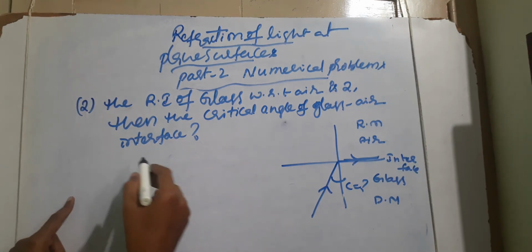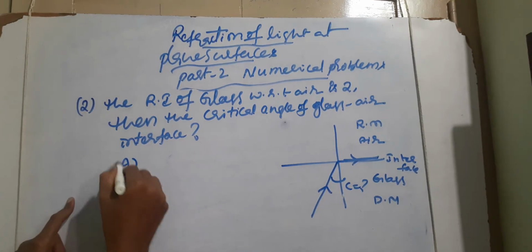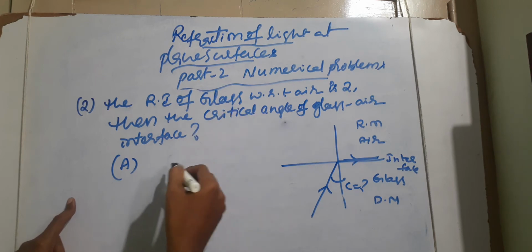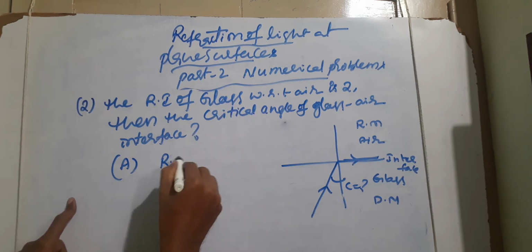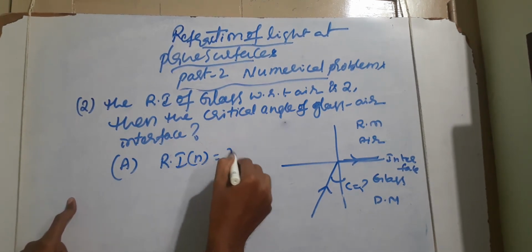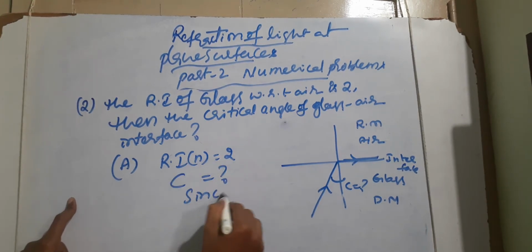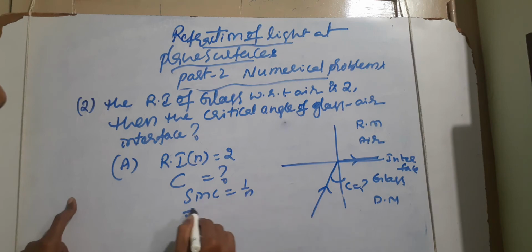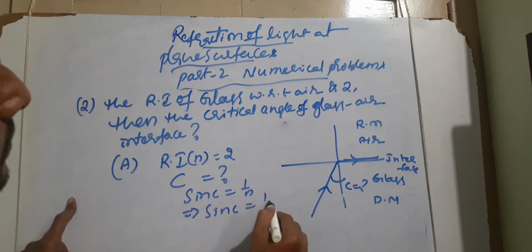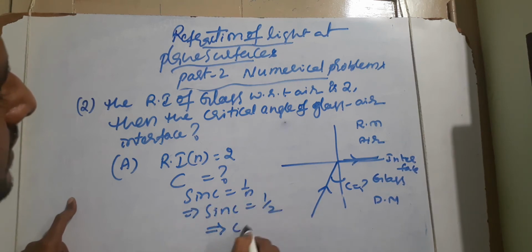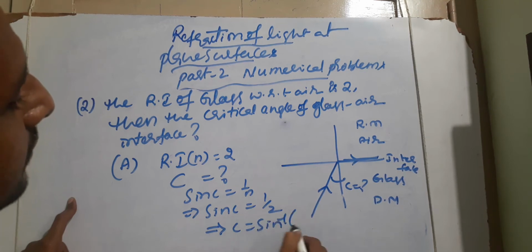So, solution for this one, answer to this question, students. Refractive index n value is given as 2 and we want to find the critical angle C. So we know that sin C is equal to 1 by n. This implies sin C is equal to 1 by 2, students. Then C is equal to sin inverse of 1 by 2.